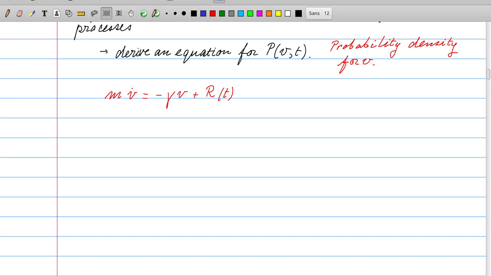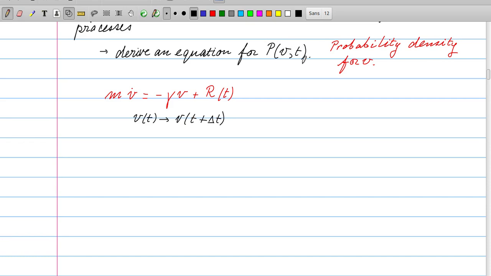Looking again at the Langevin equation and realizing that it allows us, when we discretize it, to go from a velocity v at time t to a velocity v at time t plus delta t, it seems natural to also try to find this p from an evolution equation which relates p at time t to p at time t plus delta t.